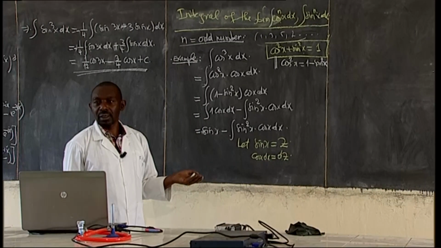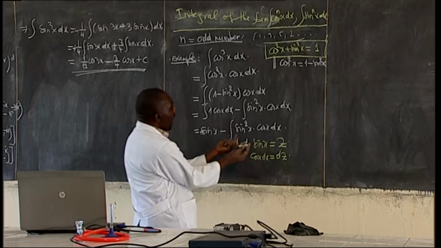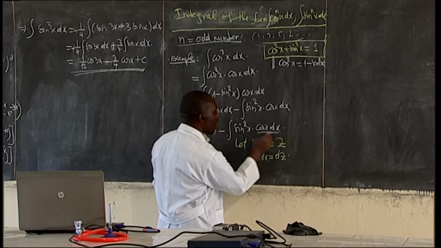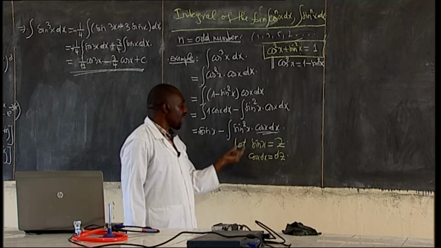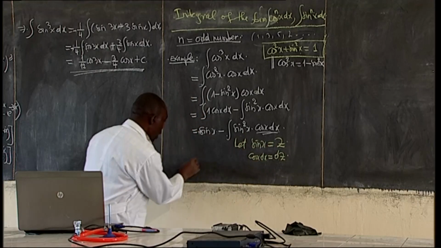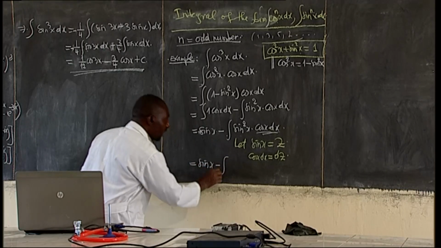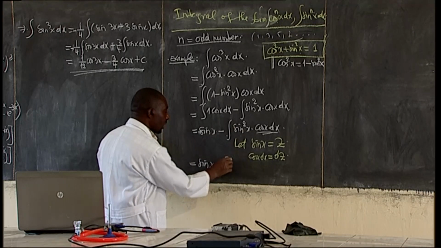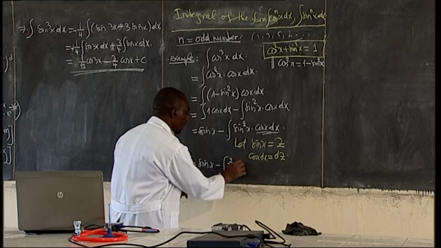Is it difficult? I hope not. It's very, very clear. And when I observe my integral, already cosine x dx is here, and is dz. And the sine x is equal to z. I'll be having sine of x minus integral of z squared, cosine x dx is dz.